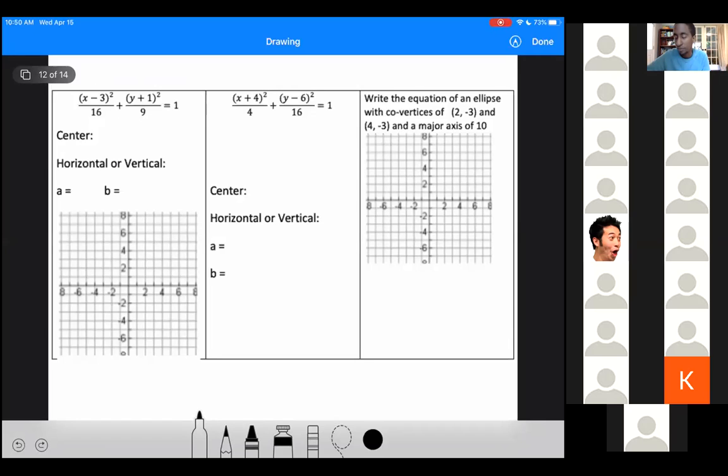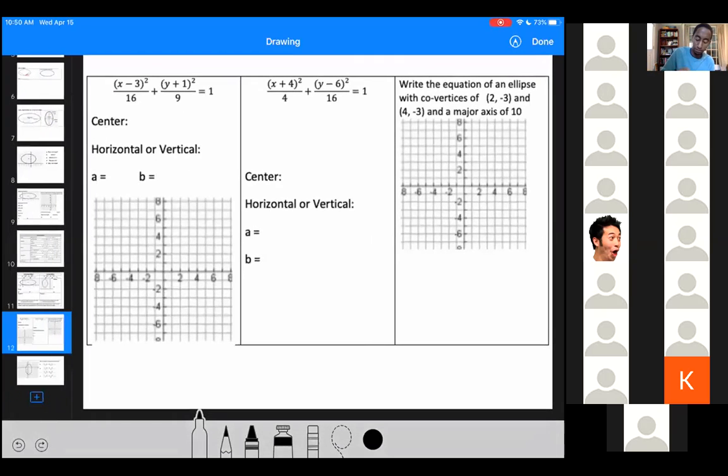Certainty, is that a vertical ellipse or a horizontal ellipse? A horizontal. And how do you know that? Because the 16 is bigger than the 9.